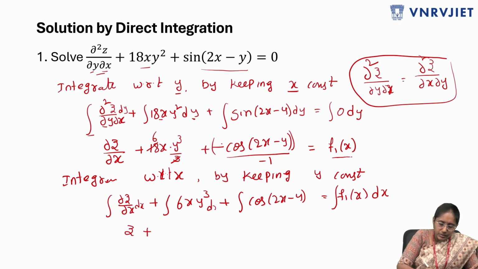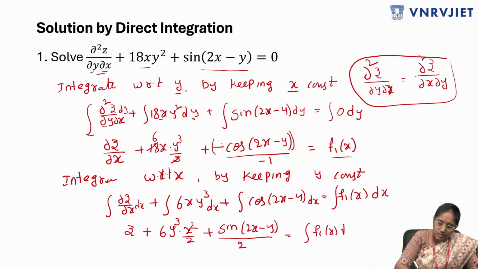Here we integrate with respect to x by keeping y as a constant. So 6y cube is constant, and integral of x is x square by 2, plus integral of cos is sine of 2x minus y divided by the x coefficient, that is 2, is equal to integral of f1 of x dx plus, again, an arbitrary function as an integrating constant.